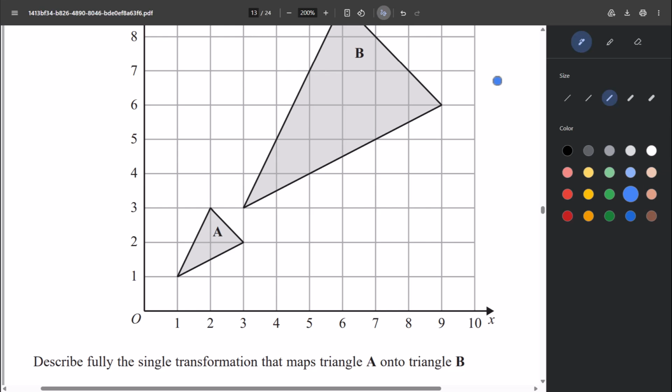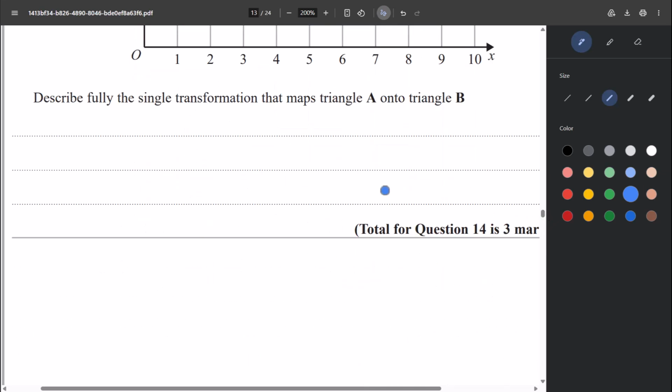It could be a reflection, and so on, but clearly this is an enlargement.